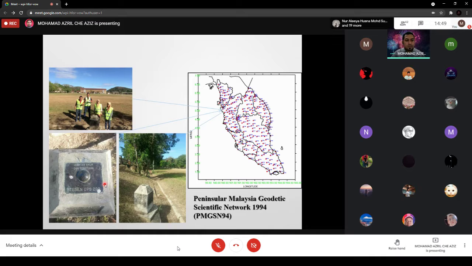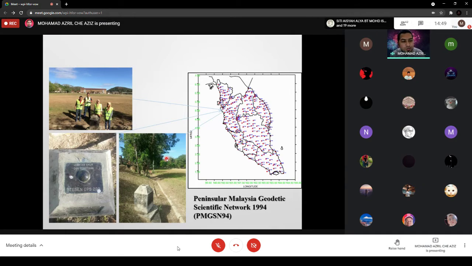Have you seen a monument like this? Maybe in UiTM you have seen something similar to this monument, or in engineering.